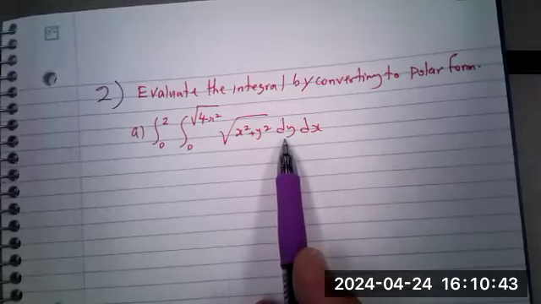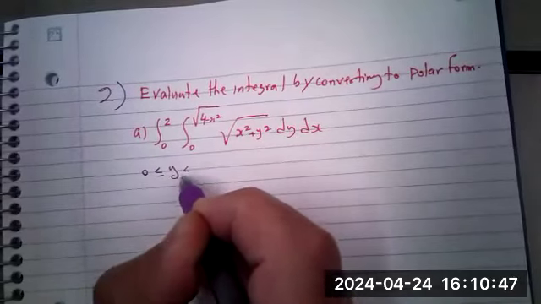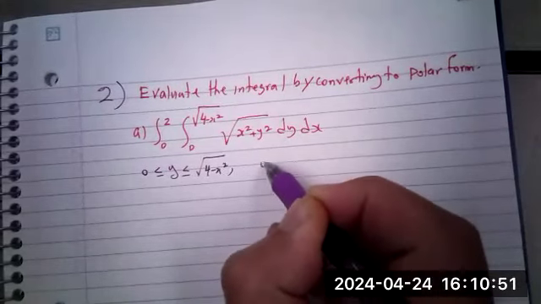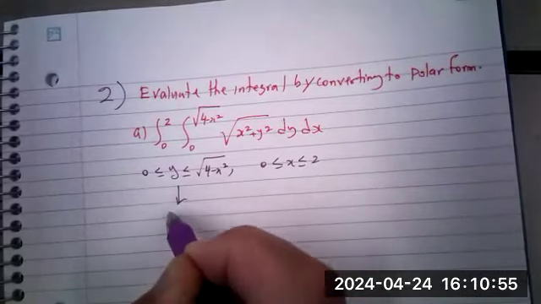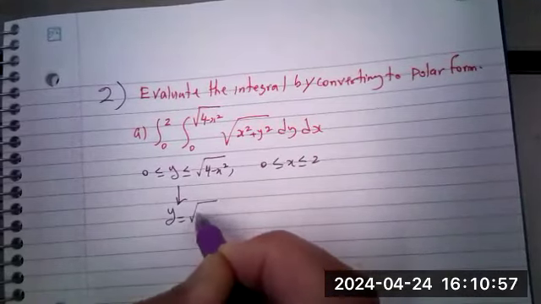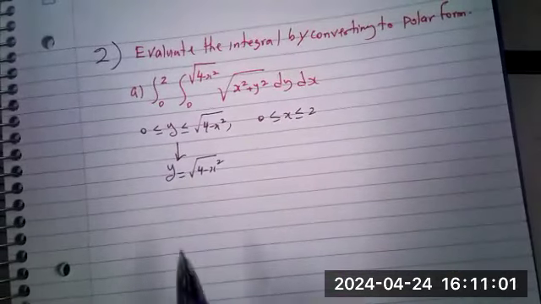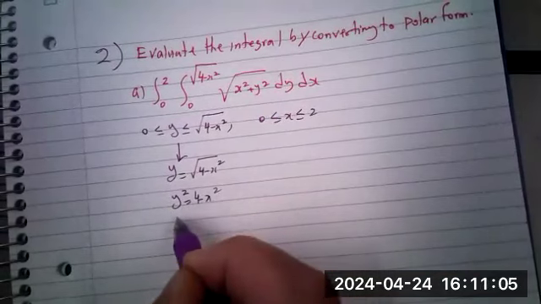So your y is between 0 and radical 4 minus x squared, and your x is between 0 and 2. So you let y be equal to radical 4 minus x squared. You know that this is a semicircle. You square it, 4 minus x squared.